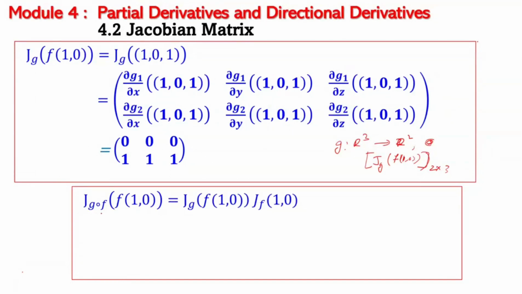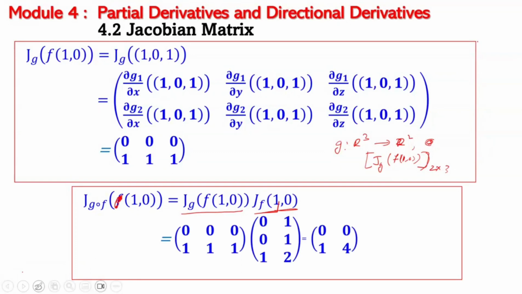Finally we have the answer here. The Jacobian of G composition F at the point (1, 0) will be the Jacobian of G at the point f(1,0) times the Jacobian of F at the point (1, 0).